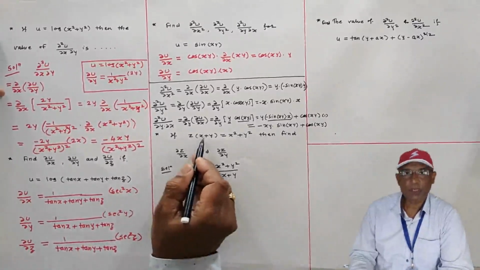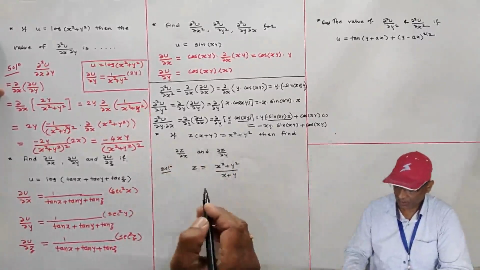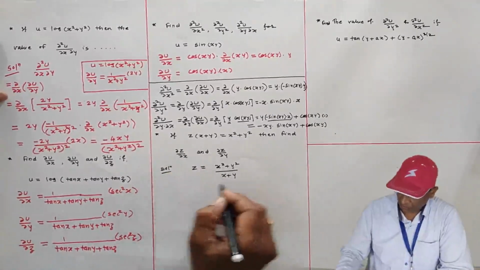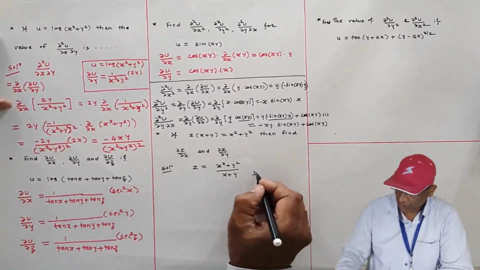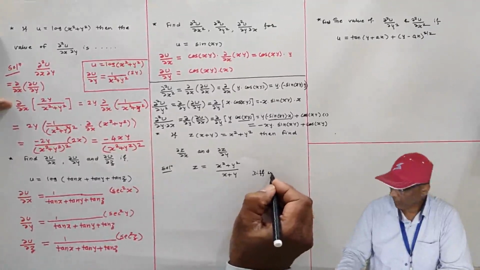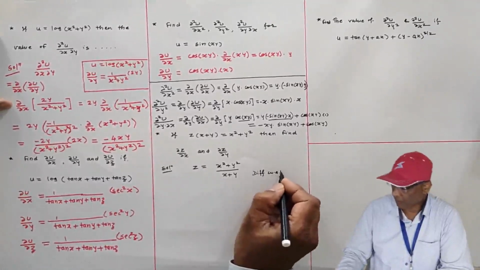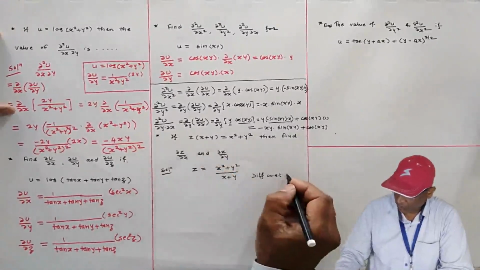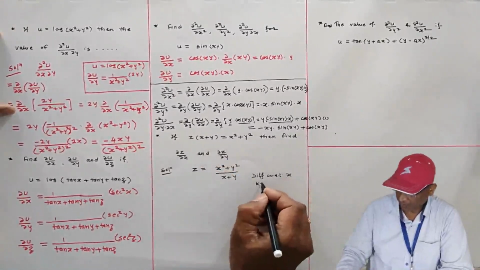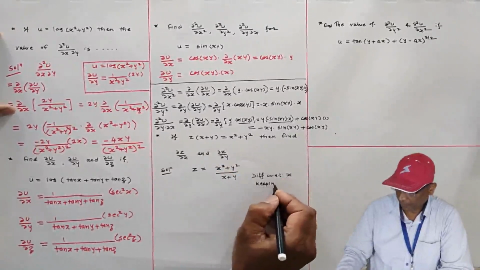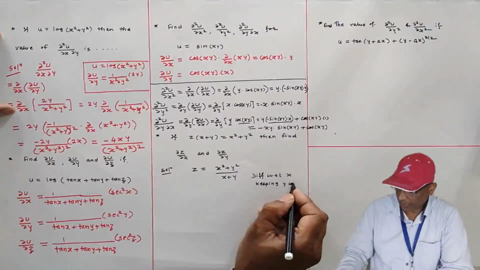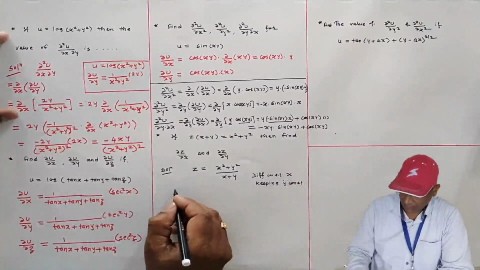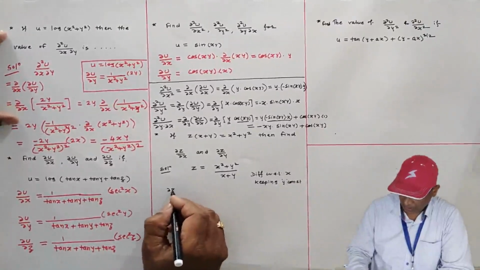Okay, this x plus y in the multiplication of z I shifted to the right hand side. Now find del z by del x. Differentiate with respect to x, keeping y constant, because z is explicitly expressed in terms of x and y.